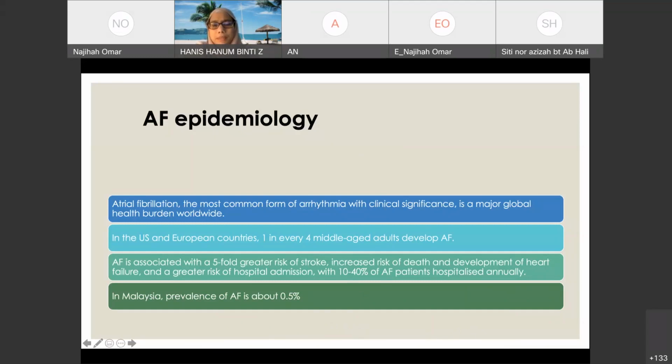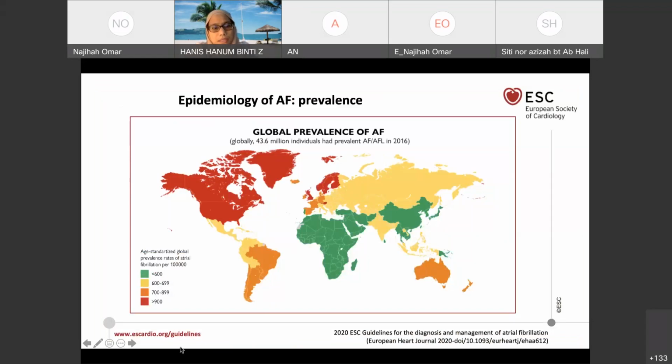Okay, in Malaysia, the prevalence of AF is about 0.5%. Like I said, it's not that many compared to the other parts of the world. As you can see here, most AF is mainly detected in the Western countries and in the US, the one in red here. Malaysia, we are here.